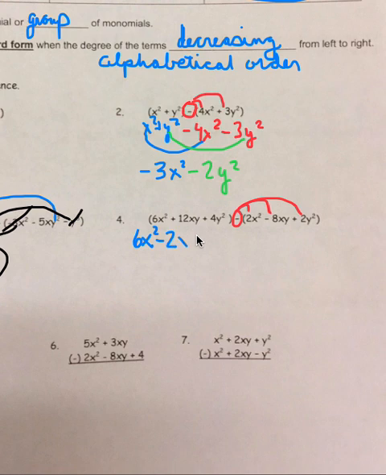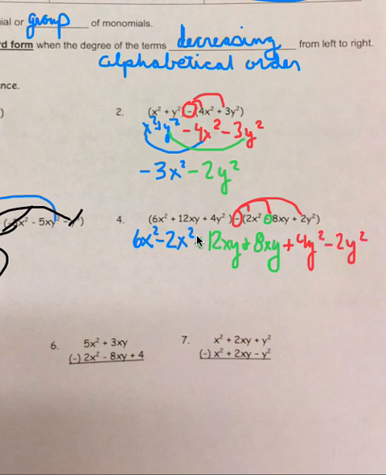Then I'm going to have plus 12xy, and this changes to plus 8xy. And then finally I have plus 4y squared minus 2y squared, because that one changes to negative.